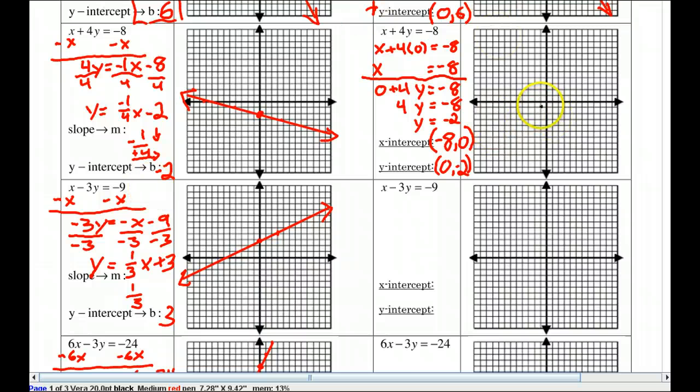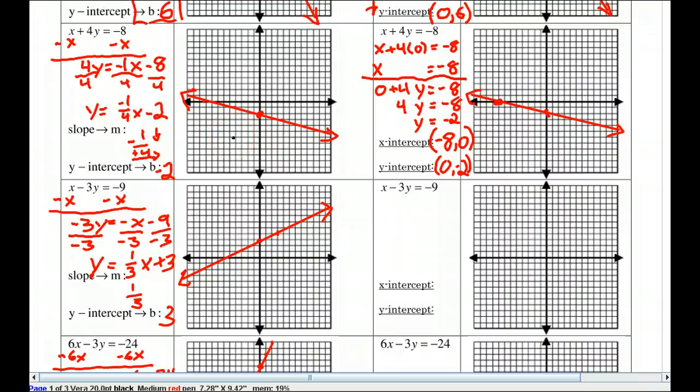So 0, -2, and -8, 0. 1, 2, 3, 4, 5, 8. Right? And of course it should come out to be the same line as the one to the left.